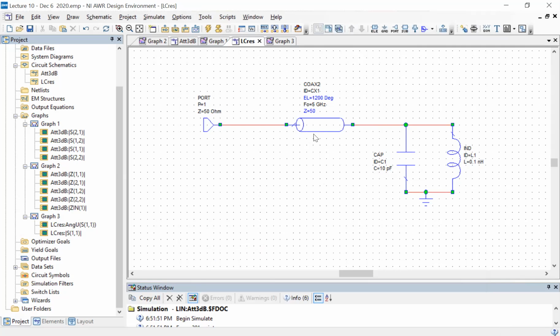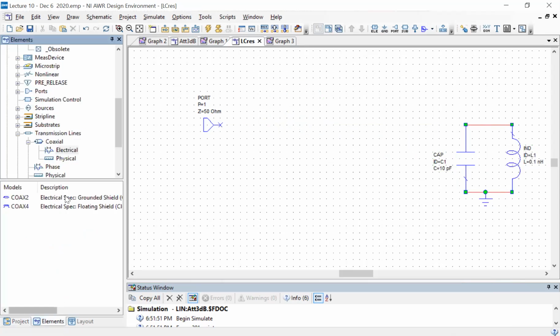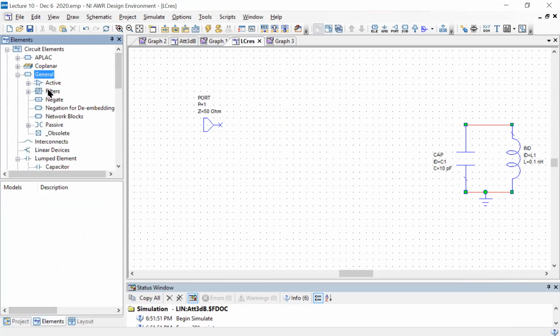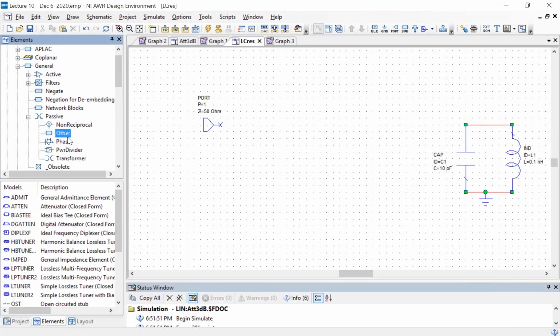So if it's a simple transmission line, it's fine. You can just cancel it out. But if you now had, to make it simple, let me get rid of this. And let me see if I can find that component. Yeah.